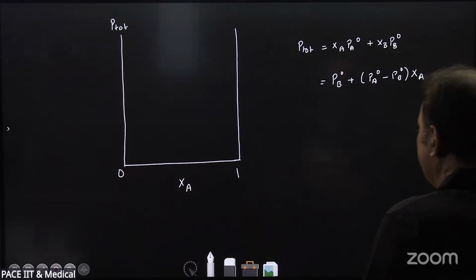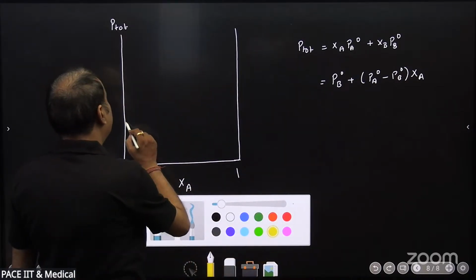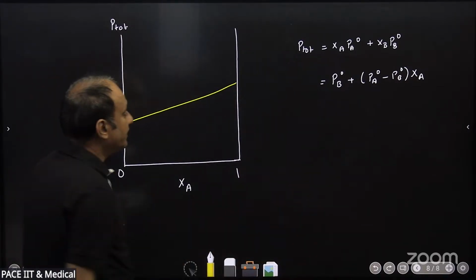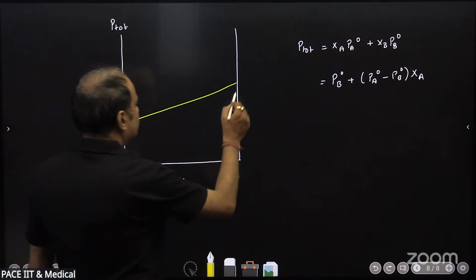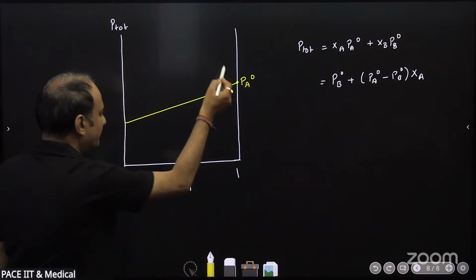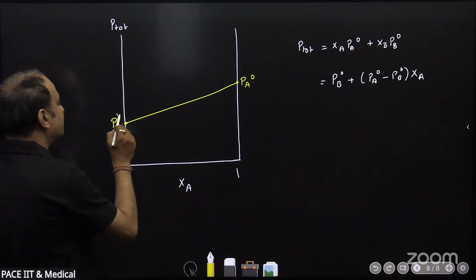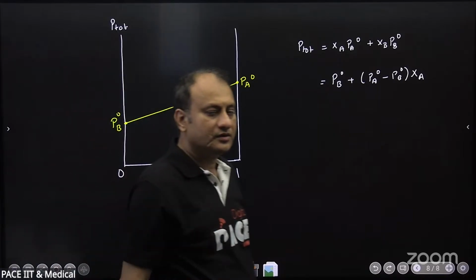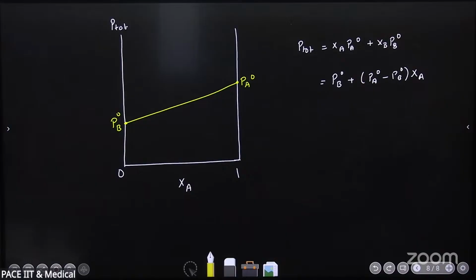So this graph will be a straight line of positive or negative slope depending whether PA naught is greater or PB naught is greater. So the intercept will be PA naught when pure A, and this is pure B, so pressure will be PB naught. Correct? So for our ideal solution, P total versus XA graph will be a straight line.